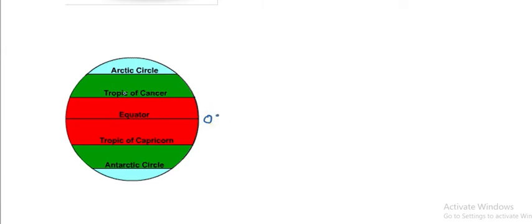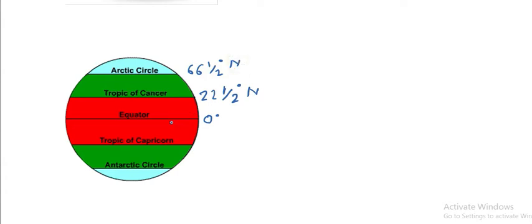In the north there is the Tropic of Cancer, which is exactly 22.5° north. Then moving further there is the Arctic Circle, which is at 66.5° north.